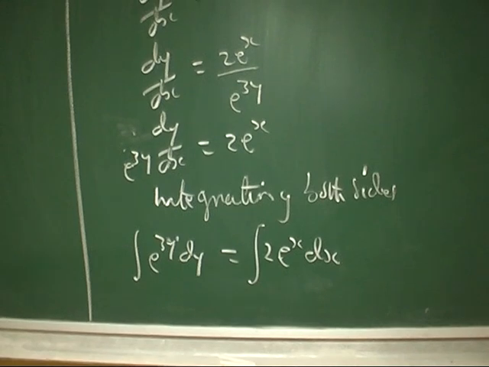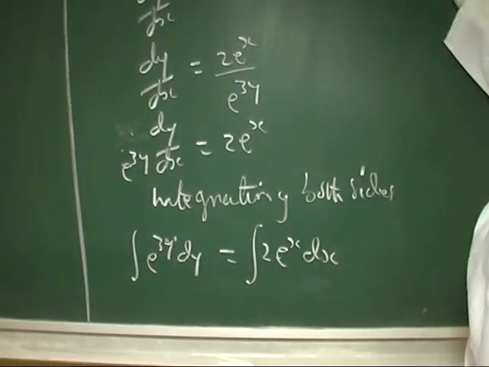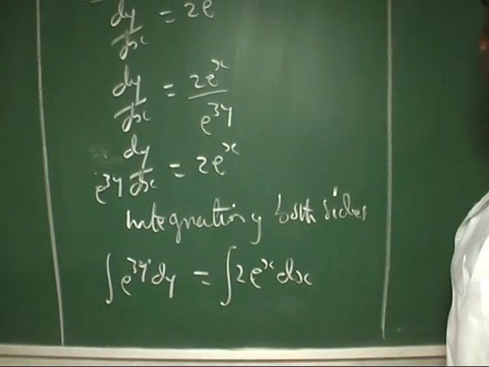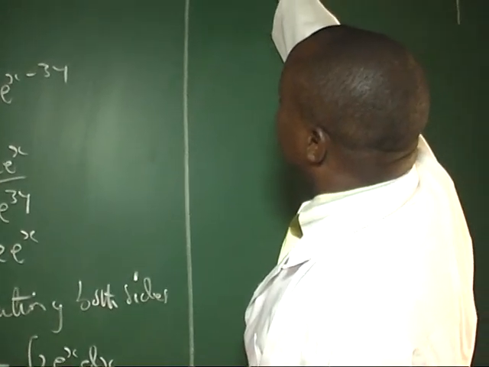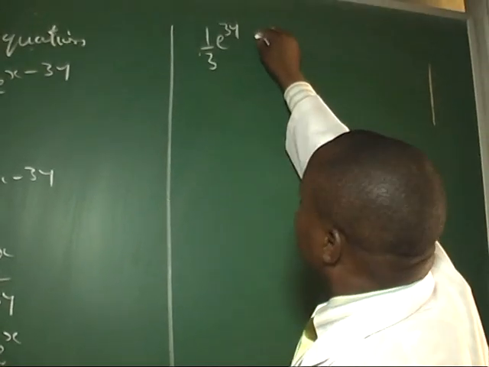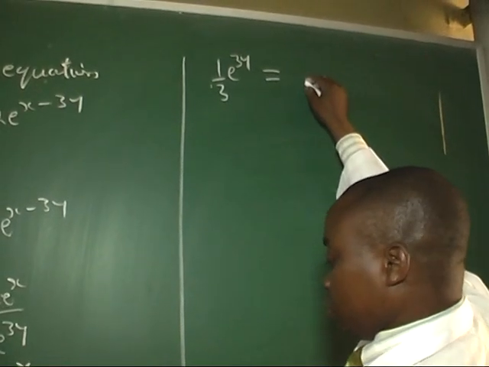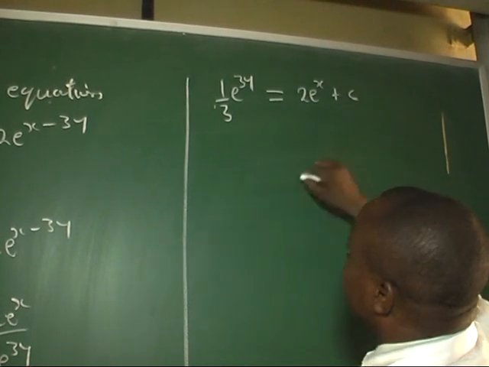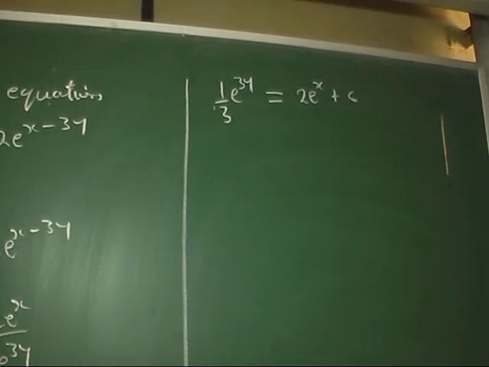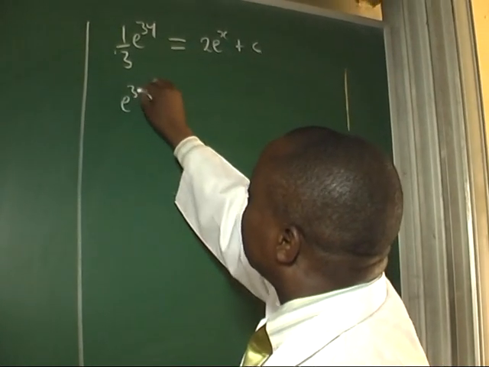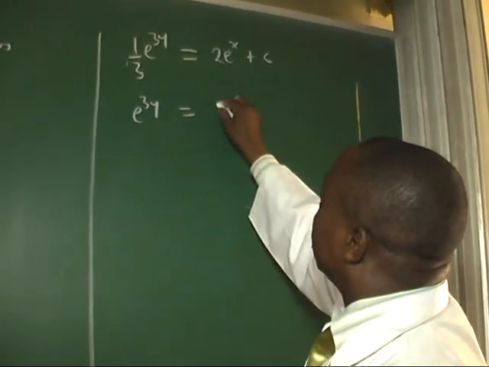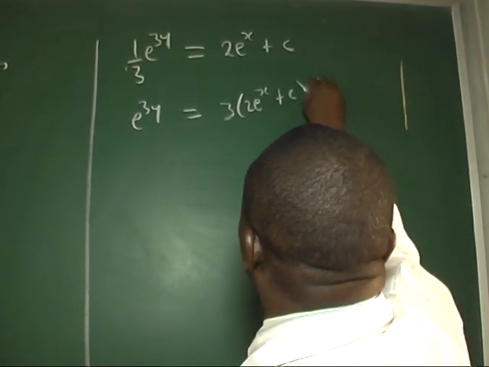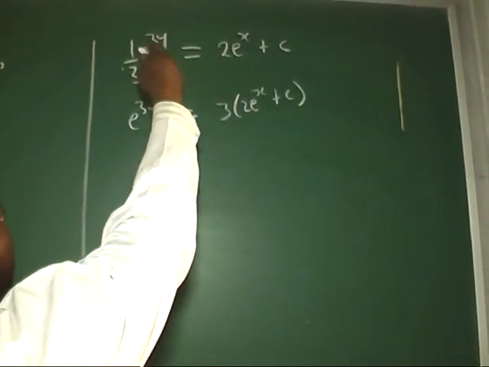And if we integrate this, we then have 1 all over 3 exponential 3y will be equal to exponential x plus c. That exponential 3y will be equal 3 times exponential x plus c. You know we are cross multiplying.